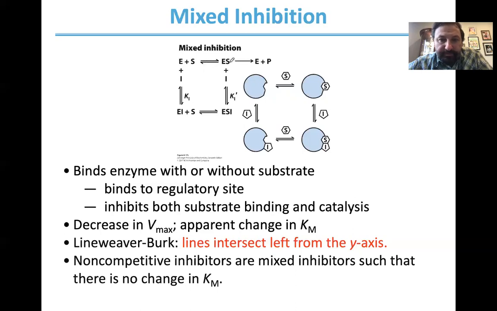Or enzyme and substrate bind, and the inhibitor binds after that to form what's known as a ternary complex, enzyme-substrate-inhibitor. So you can see here, it's like a square, right? The enzyme binds the substrate, then binds the inhibitor, or the enzyme binds the inhibitor first, and then binds the substrate.